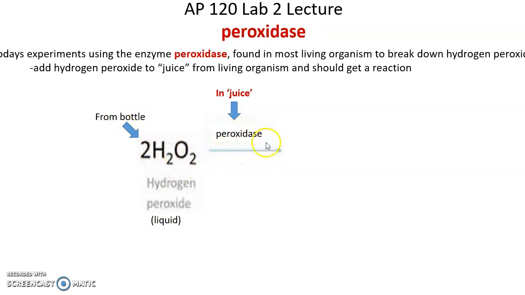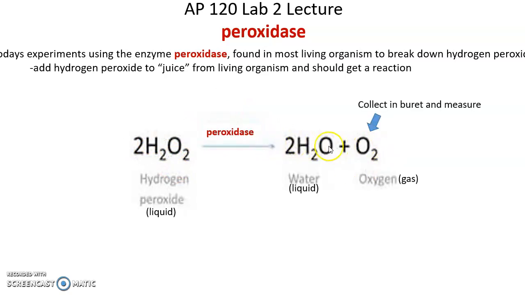We will then mix it with peroxidase, which is coming from the turnip juice. So this is the substrate. Here's the catalyst. And then we will get products catalyzed by peroxidase, where hydrogen peroxide gets broken into water, which is a liquid, and oxygen gas.